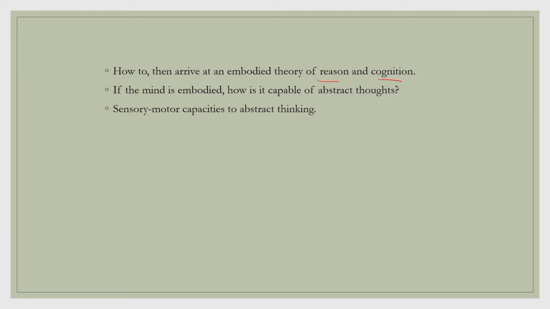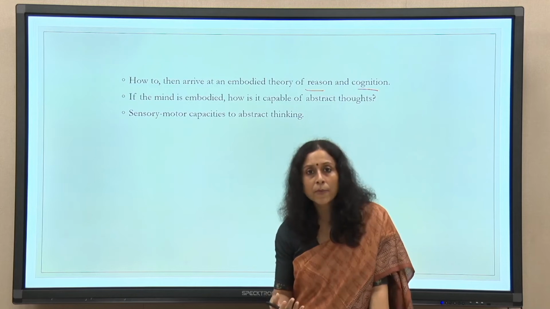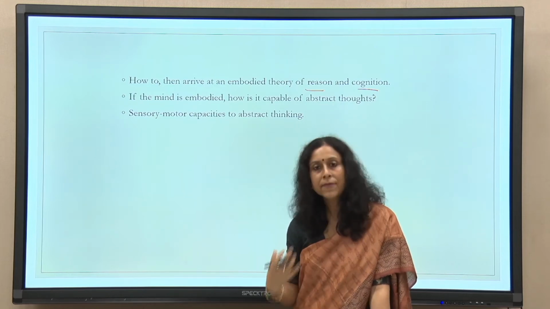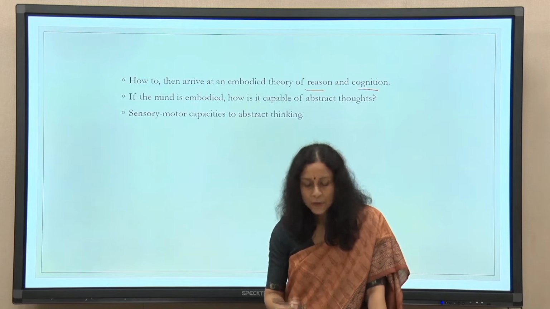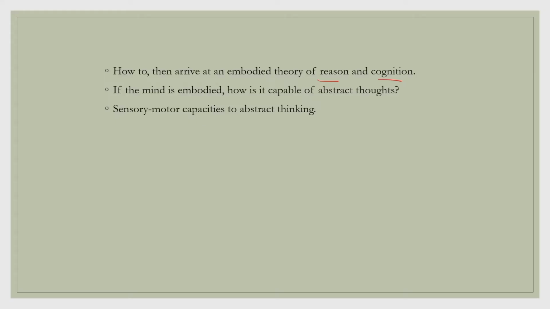There is an embodied sensory-motor experience that informs and modulates our understanding, but then how do we go from there to the objective? How do we go from lived experiences to an abstract understanding of it? Understanding can be informed by experience, but there is an abstract manifestation, a representation. So, how do we arrive at that? If the mind is embodied, how is it capable of abstract thoughts? This has been the question that philosophers have asked.